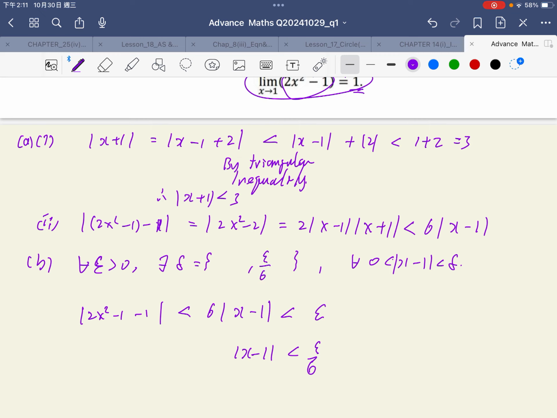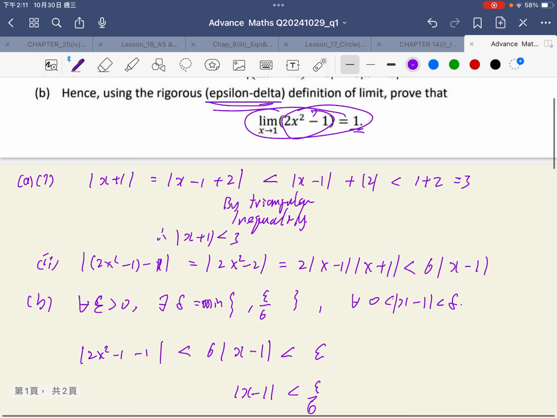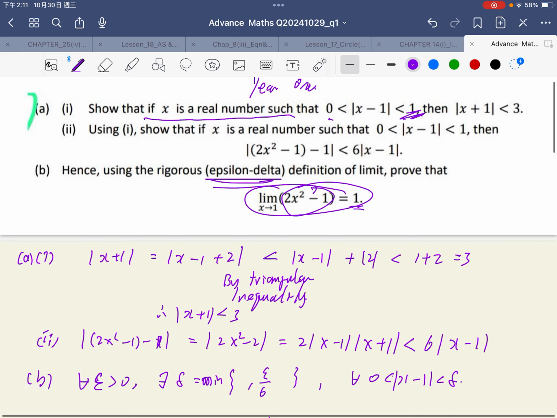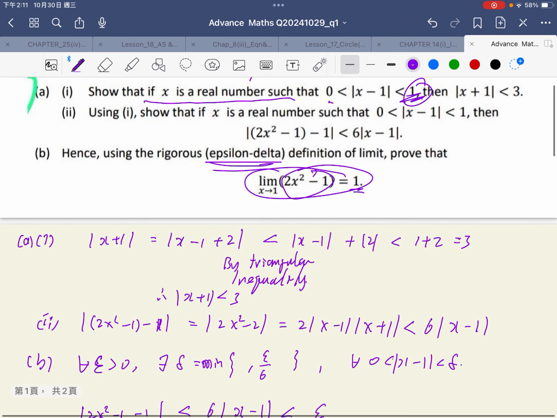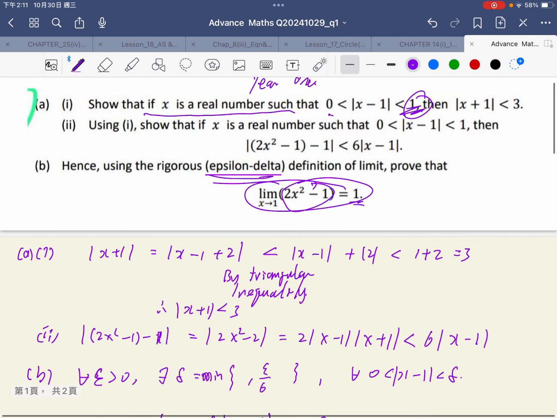Also, of course, we choose the minimum of something, the minimum of 1. Here 1 is an arbitrary number. You can choose another number, for example 0.1, whatever you like.